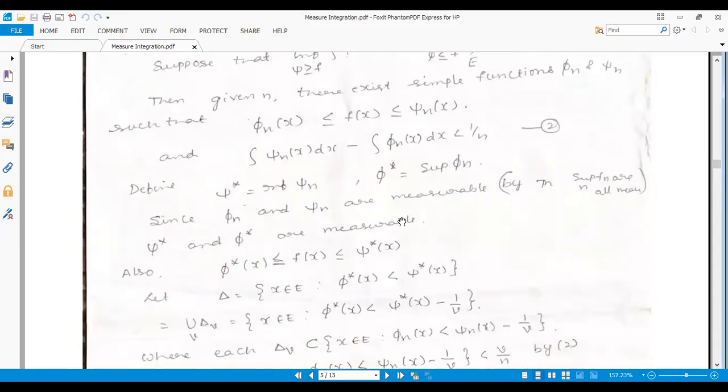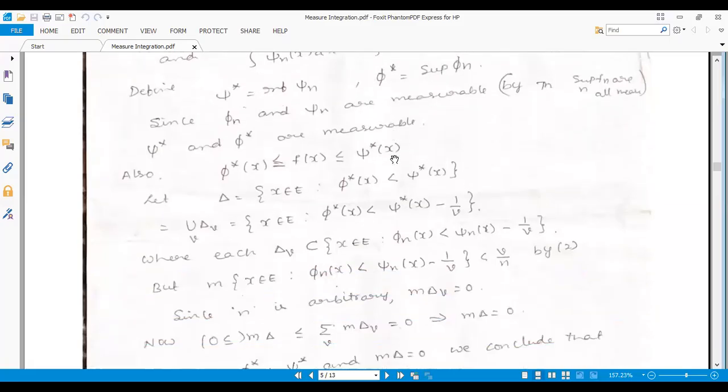You are already aware that phi n and psi n are measurable functions, because we proved that the supremum of a sequence of measurable functions fn is a measurable function. So this is measurable, which means the left hand side is also measurable.